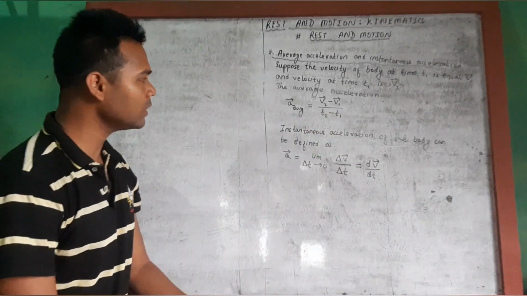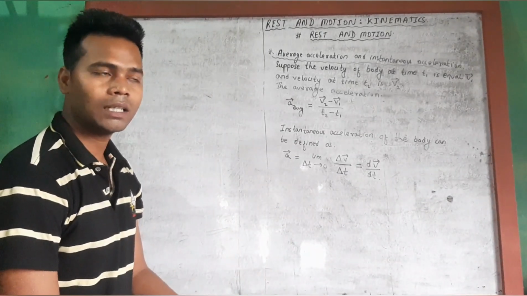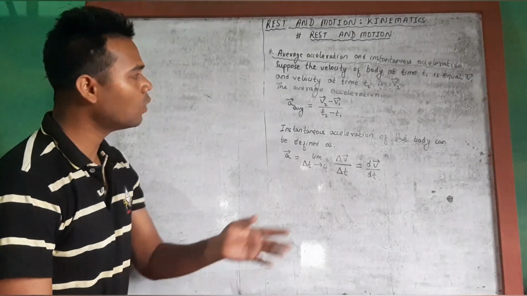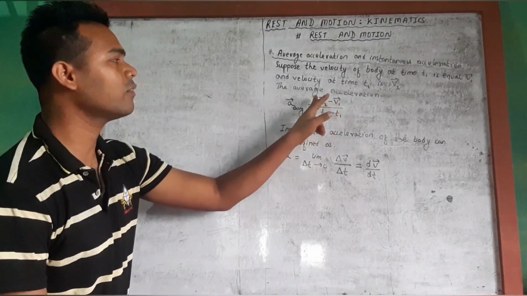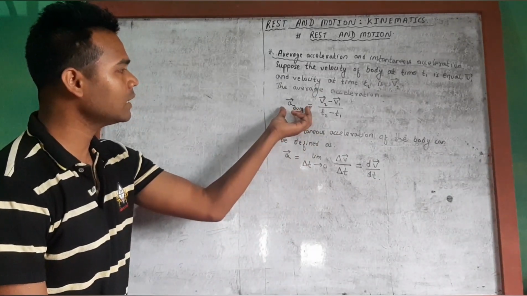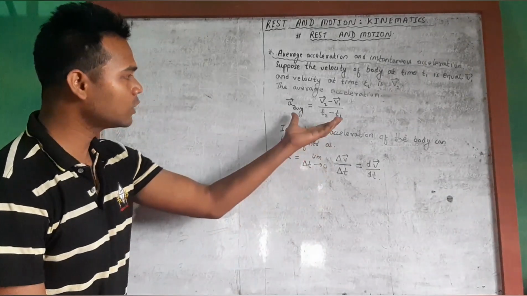Here, for calculating the average acceleration, we do not require the velocities from instant to instant. What we require is only the initial velocity and final velocity to calculate the average acceleration in that time interval.